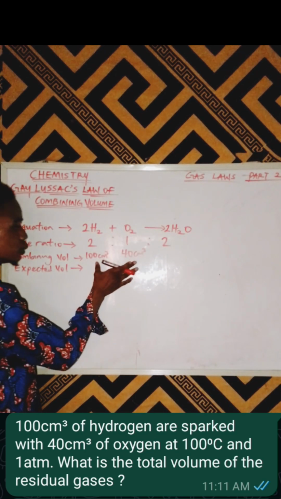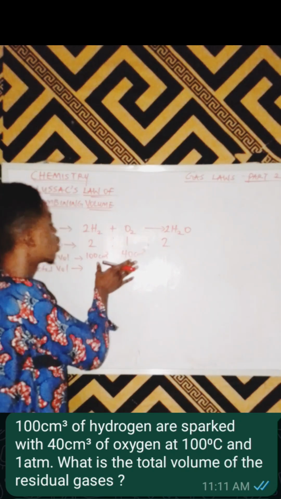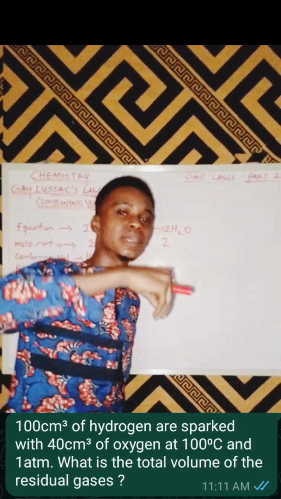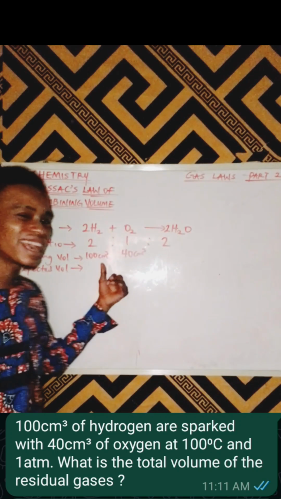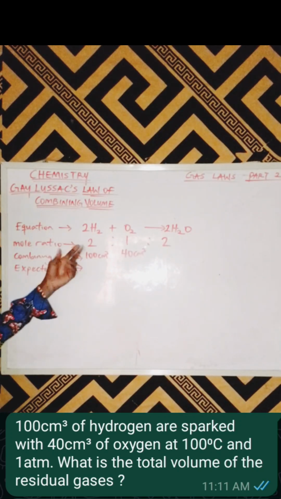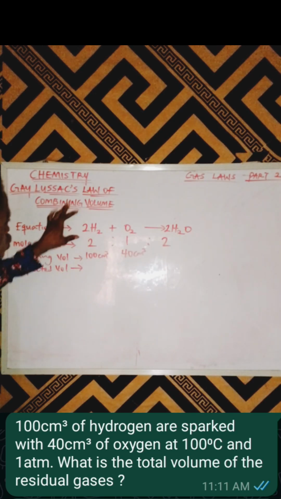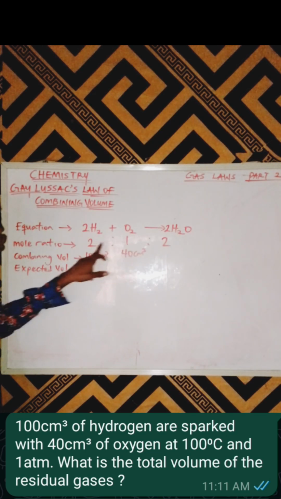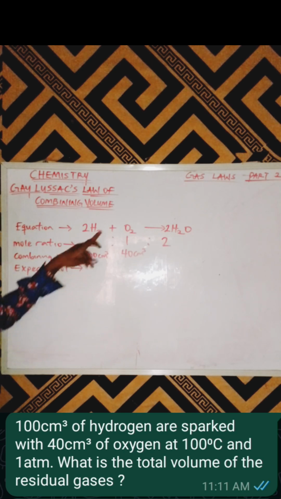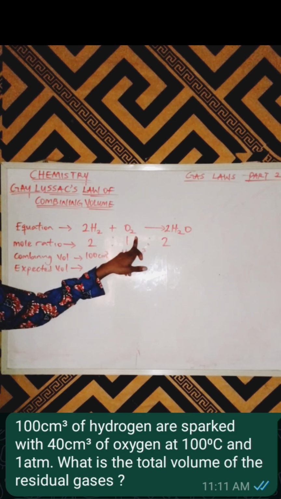This was the volume that was given to us. But out of all this volume, not everything is going to take part in the reaction. Something is going to be in excess. Now, this is the mole ratio, 2 : 1. 2 is for hydrogen, 1 is for oxygen. What this is telling us is that hydrogen is twice oxygen.